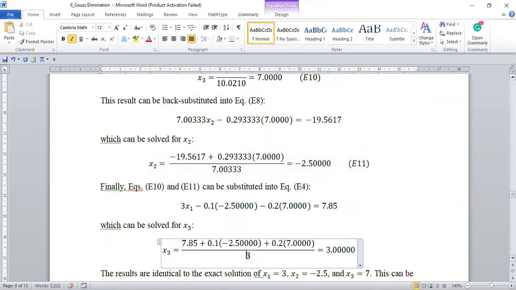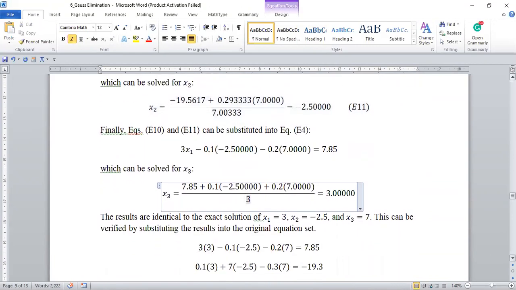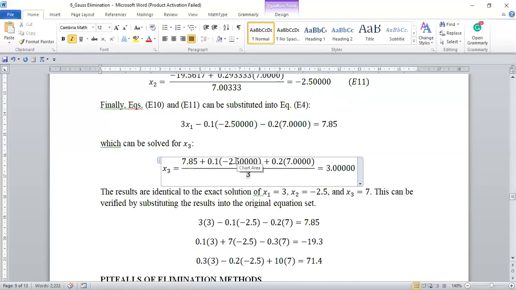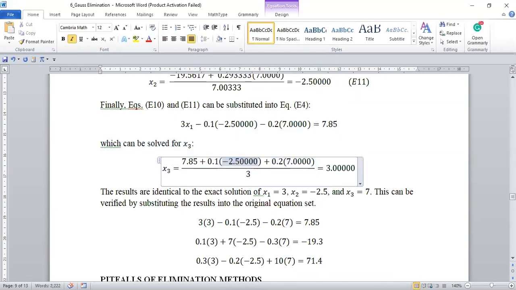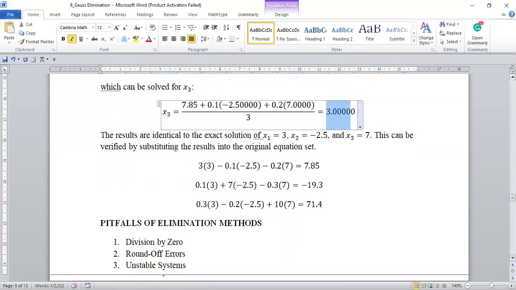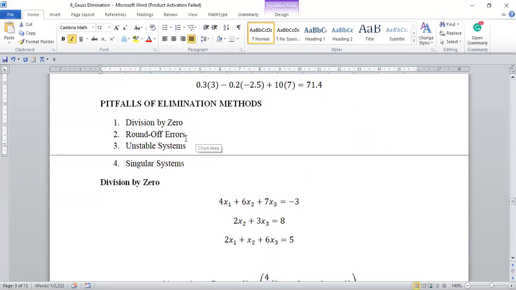We did up to like 10 computations. So if the decimal places are not right, the error is going to keep on increasing by the time you get to your final step. So that's one of the pitfalls of round-off errors.